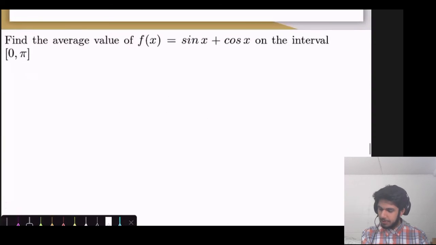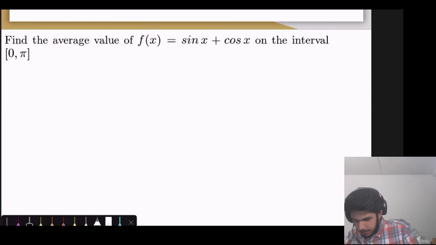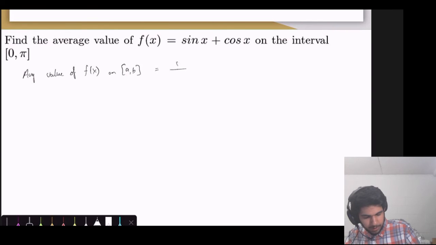With that said, let's try to find the average value of f of x equals sine of x plus cosine of x on this interval. So let's just rewrite the formula. The average value of f of x on a to b is equal to 1 over b minus a times the integral from a to b of f of x dx.